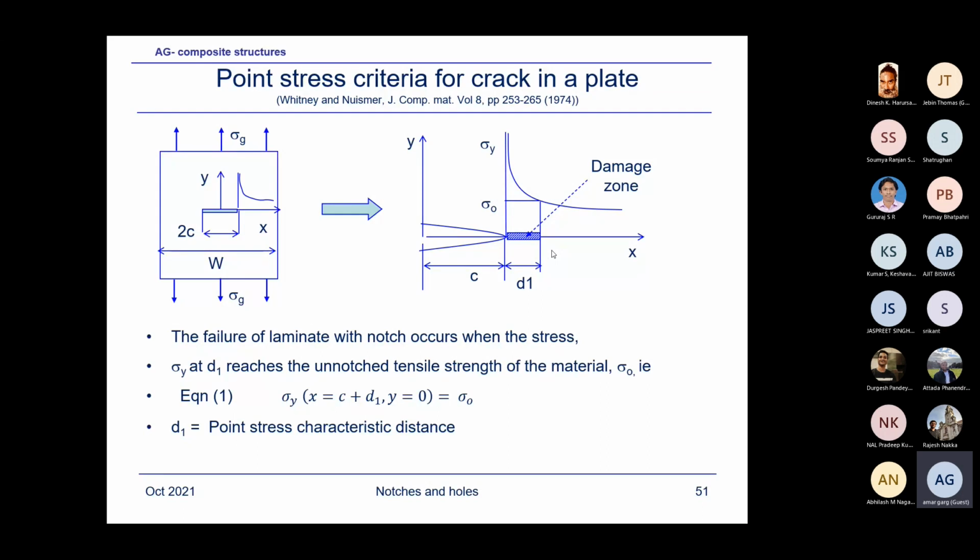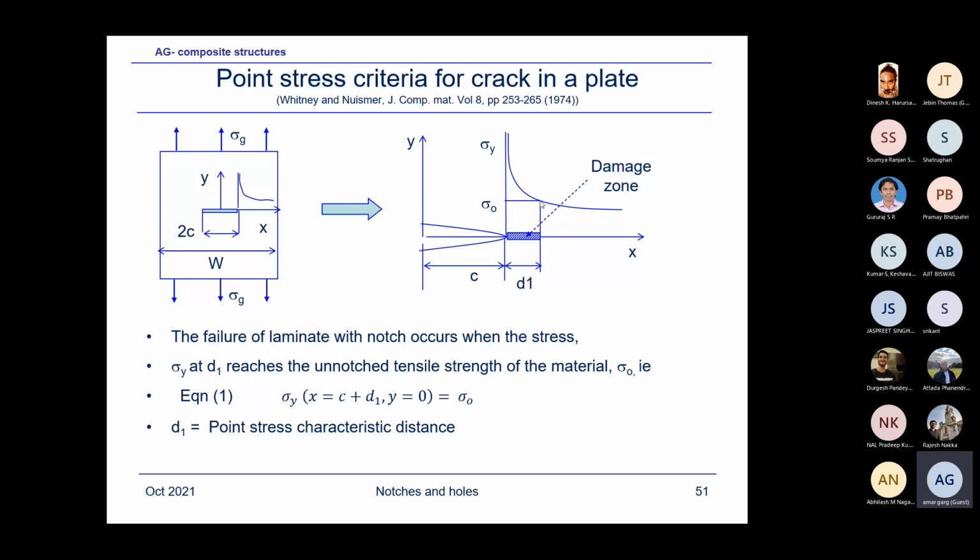And it's no different to the hole. The criteria definition says that failure would occur when the stress sigma y at the characteristic dimension, right at this point, is equal to the unnotched failure stress, which is sigma naught.